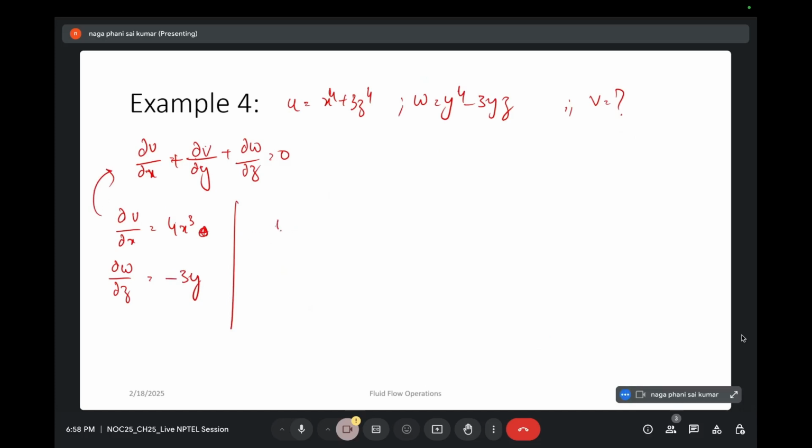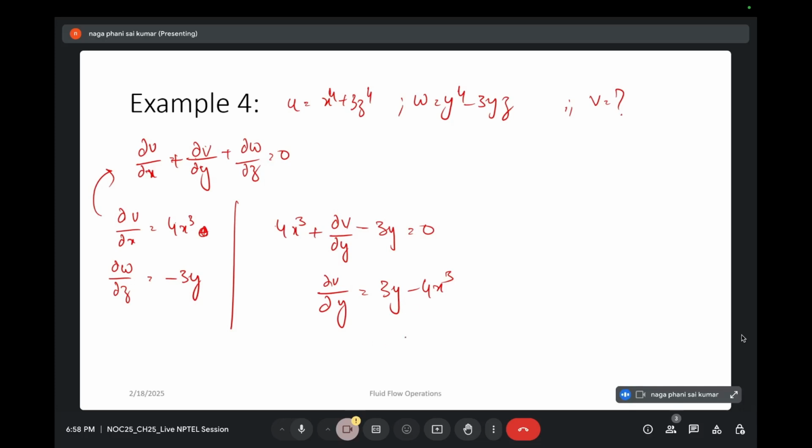So substitute them in this equation. We'll be getting 4x³ plus ∂v/∂y minus 3y. This will be 0. So take them to the other side. ∂v/∂y will be equal to 3y minus 4x³.